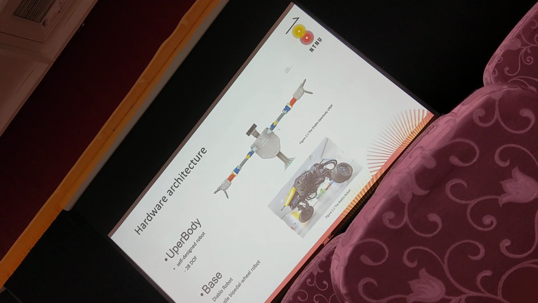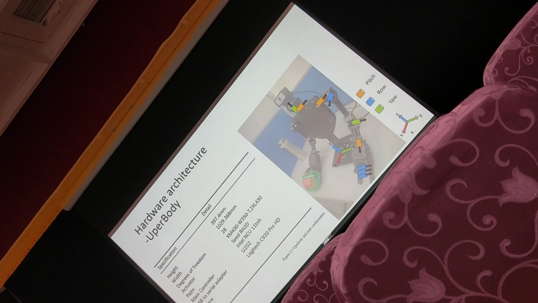This is my upper body designed in SolidWorks, which has 28 degrees of freedom. And now it's on the Diablo base. It's a really bipedal wheeled robot. And this is the upper body specification.